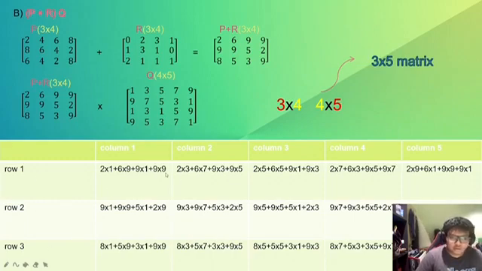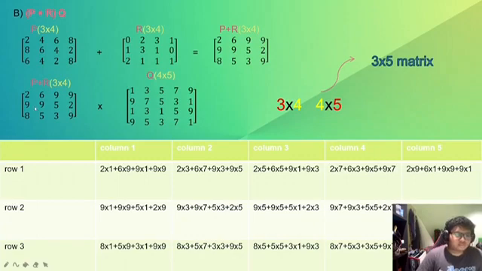A 3 row and 5 column matrix. So after we take the first row and the first column, after we multiply it, the answer will be in row 1 and column 1.